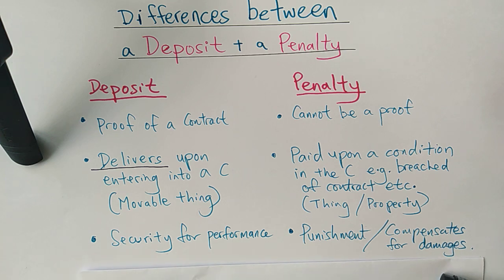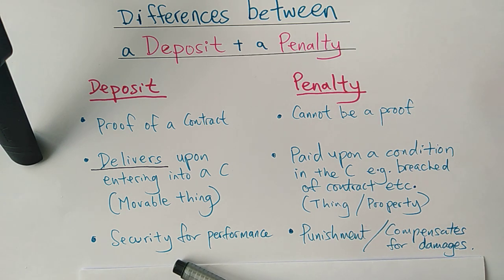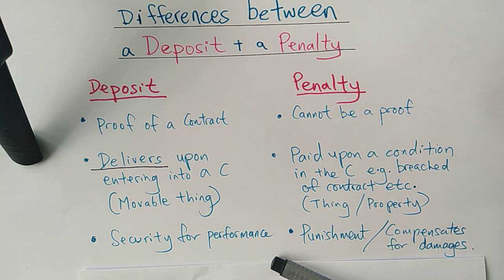The third difference is, of course, something I think we already discussed quite in depth when we talked about why do we need a deposit, why do we need a penalty. A deposit acts as a security. Secure what? Secure the performance, right? If the seller places the deposit, the seller is providing a security that the seller will sell.